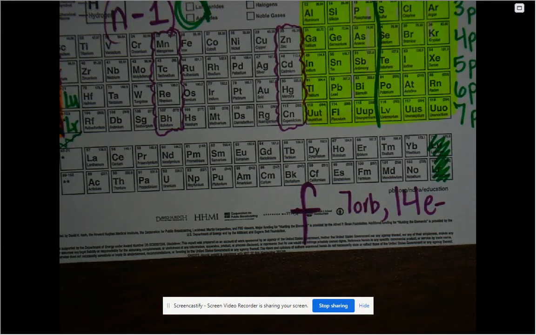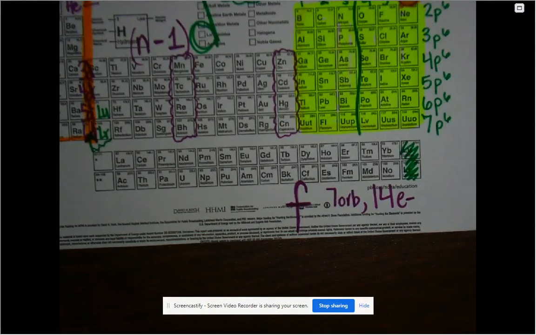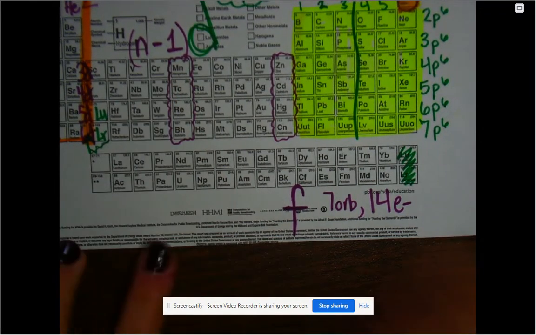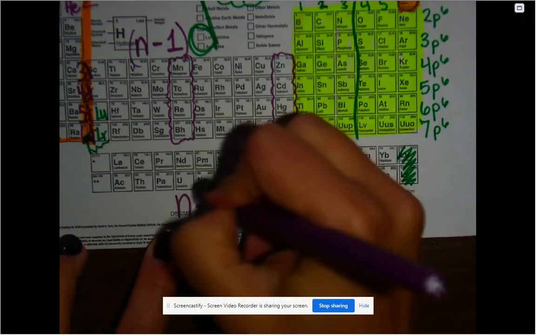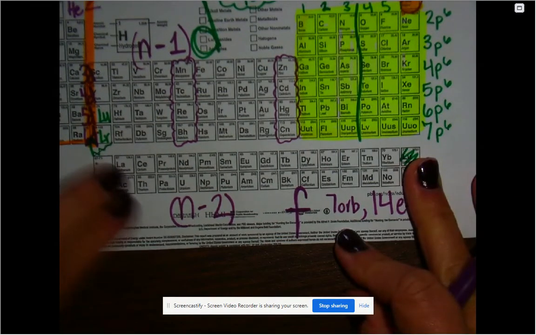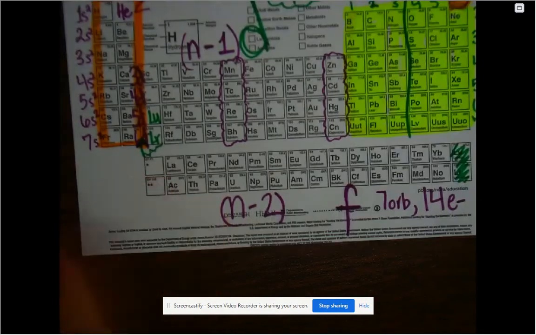All right. So with the F sublevel, this one gets a little complicated as well. So this one was n minus 1. F is going to be n minus 2. Yay. All right, so if we look at where these start, what period do these start on? The 6.